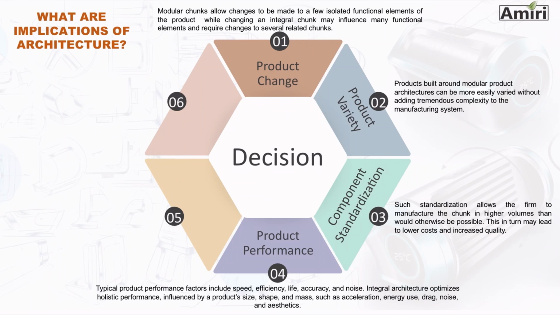Next, you got to consider product performance. And performance is how well a product implements its intended function. The difference between behavior and function is performance. And in an integral architecture, the redundancy could be eliminated through function sharing, as in the case of the BMW motorcycle example that we saw.